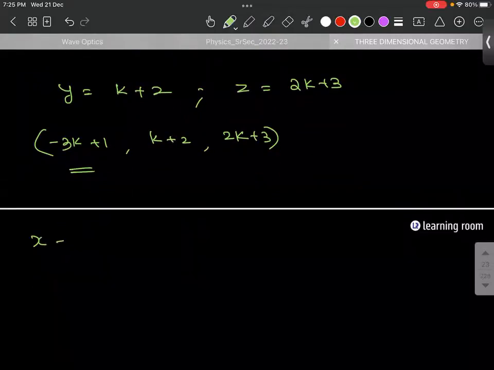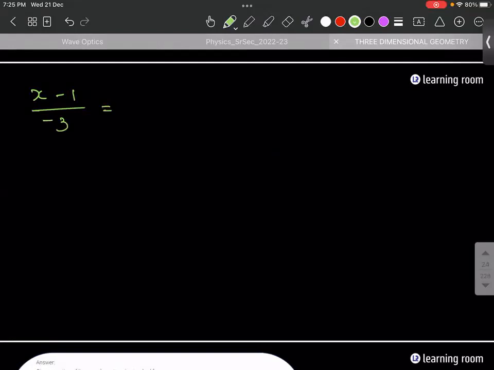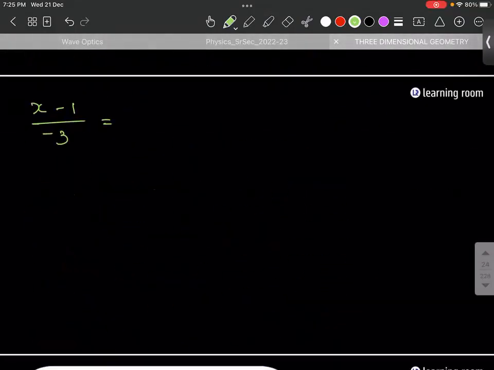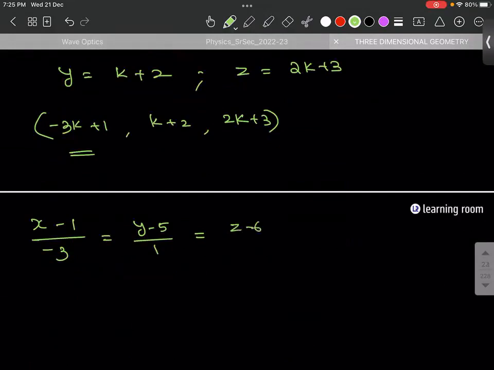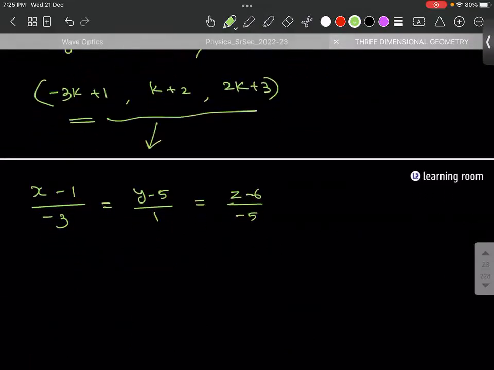So what is the second equation now? X minus 1 divided by minus 3 lambda by 7, which is minus 3 because lambda is 7, is equal to y minus 5 divided by 1 is equal to z minus 6 divided by minus 5. So take this and substitute it here.